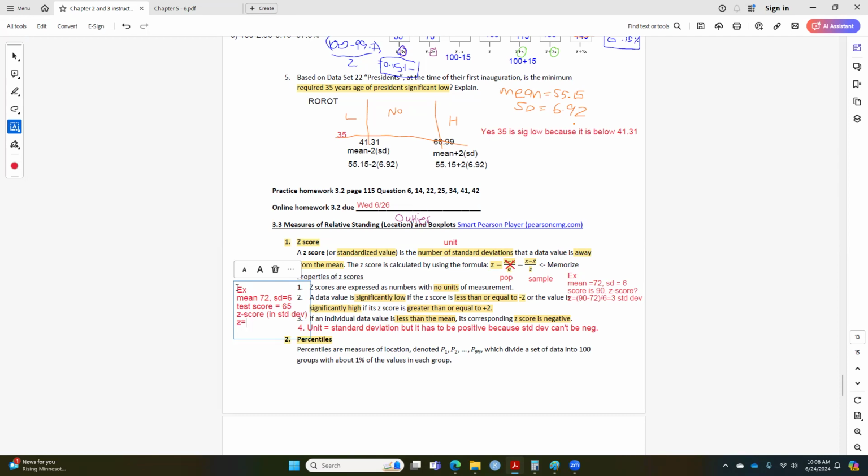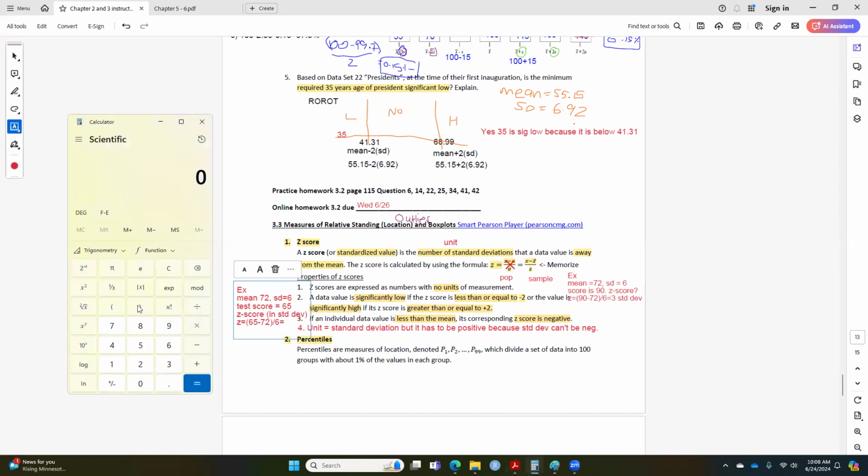So we use the same formula that we found, where you take the value, which is 65, minus the mean, 72, and you divide this by 6, which is the standard deviation. Then again, use a calculator here: 65 take away 72, and then divide this by 6.